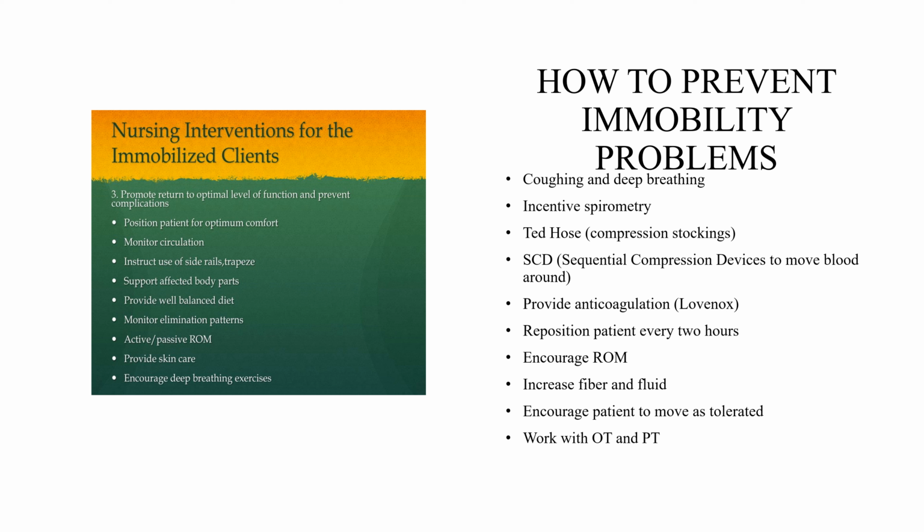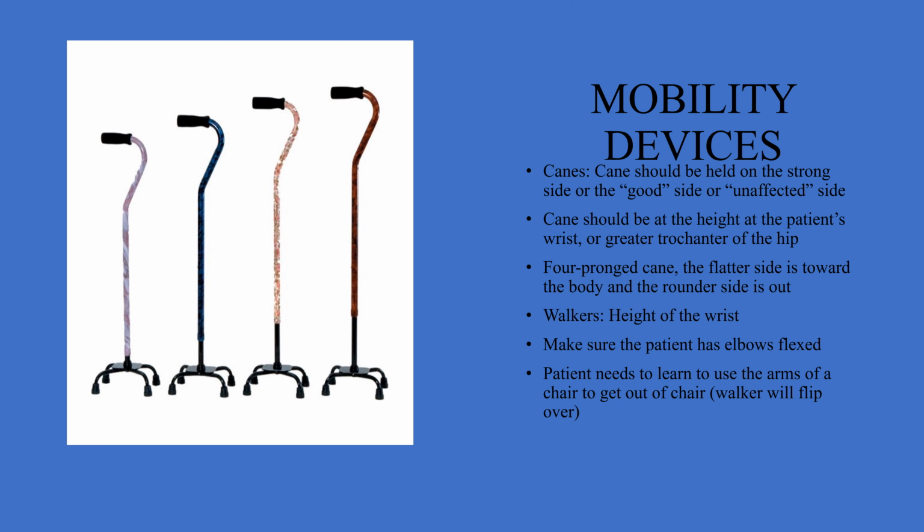So this might be working with OT and PT, but this is based on your assessment and what you think the patient needs. So there are mobility devices that can help the patient move. I'm sure you've all seen a cane. So just know how these devices work. The cane should be held on the strong side, the good side, the unaffected side. Hold it on the good side.